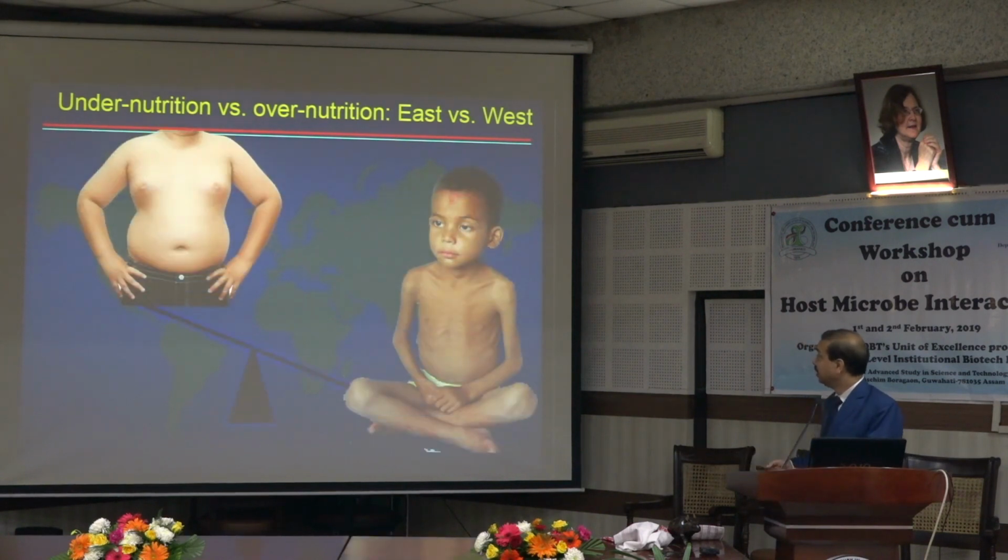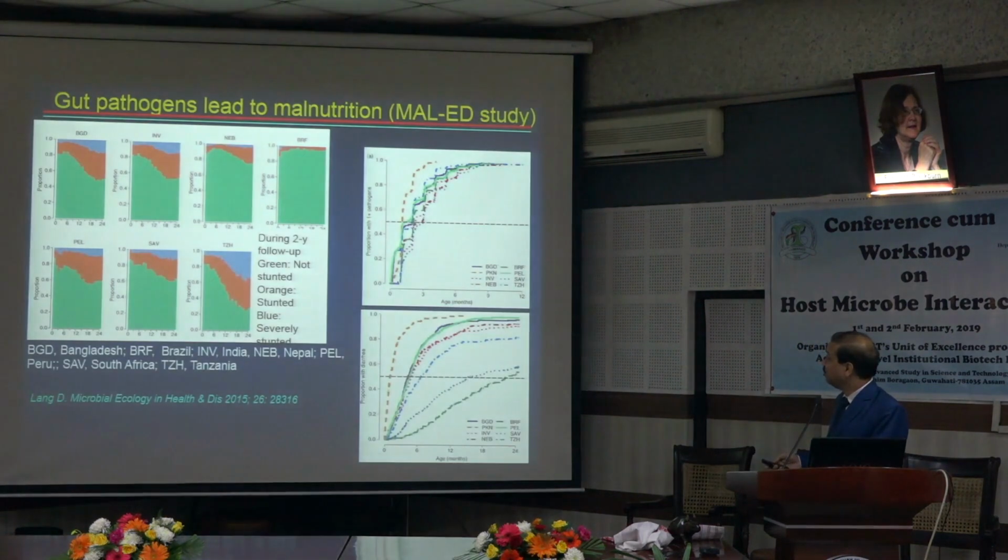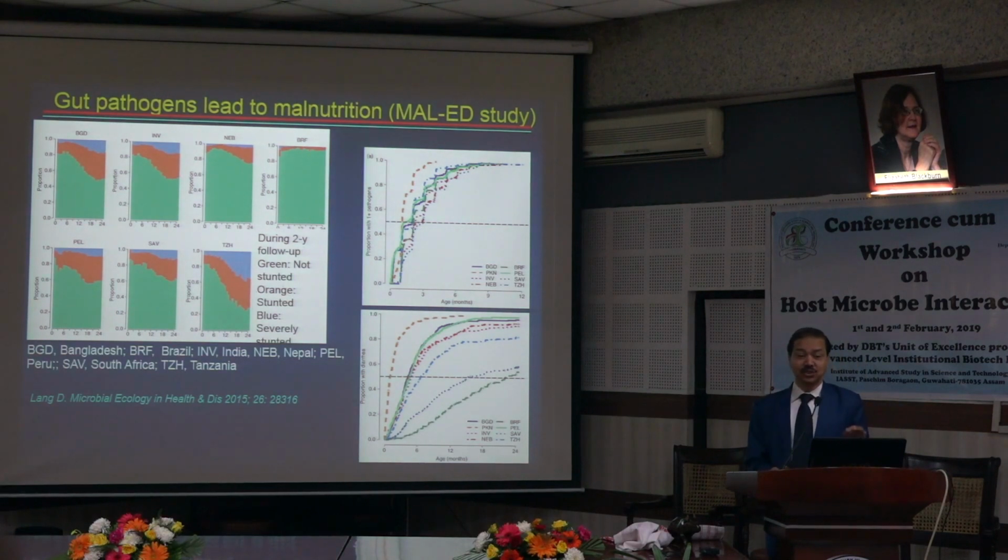Look at this. Okay? Look at this. This is a Bill Gates Foundation funded study, an 8 country study, and they found a particular type of gut bacteria, pathogenic bacteria you have in your gut, becomes leaky because you have increased intestinal permeability. Also, you keep on losing calorie.